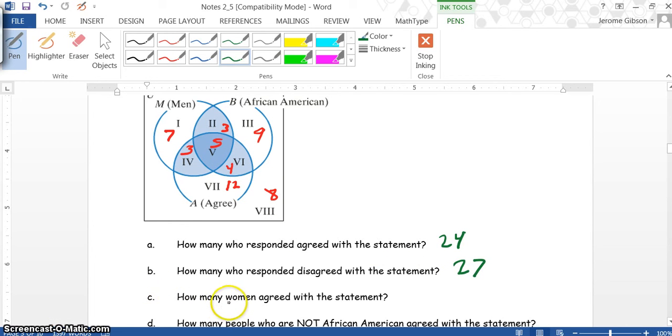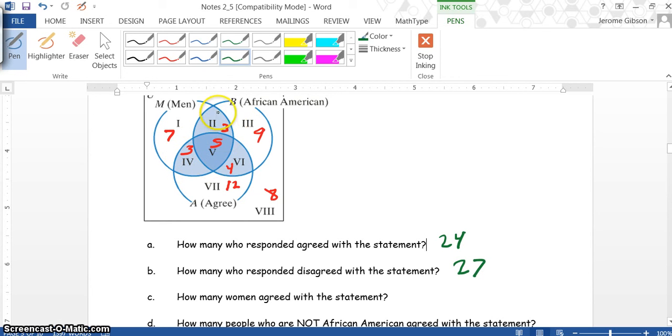Now we come here to see how many women agreed with the statement. First, let's take a look at men here. Now, if you look here at the men, you will have this area here.